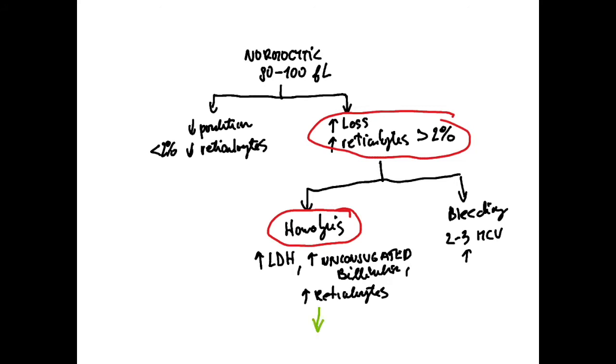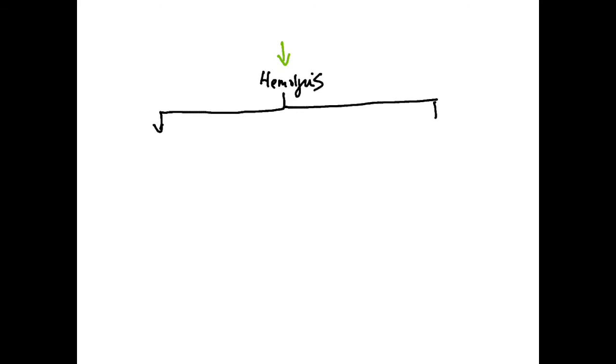So we're going to jump to another page. And I'm going to put it here. And I can write hemolysis. And divide it even more onto, and it's not 100%, but it's a very nice division in a way.